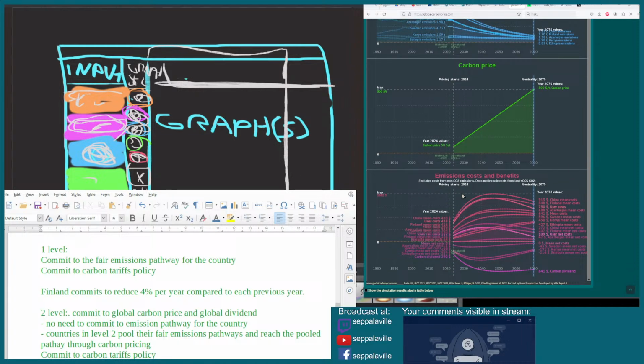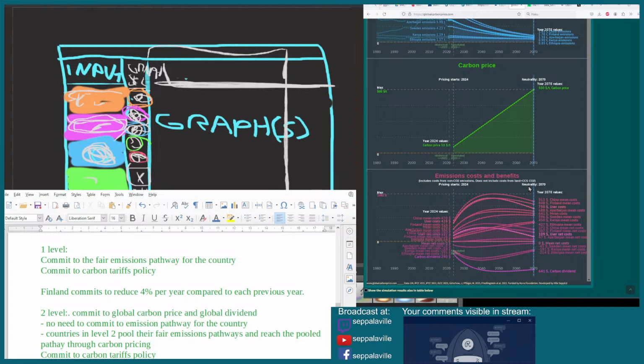But even without, okay, so this emission costs and benefit, if it was likely that countries converge with this kind of functions within the system, then this is how the incomes would progress.